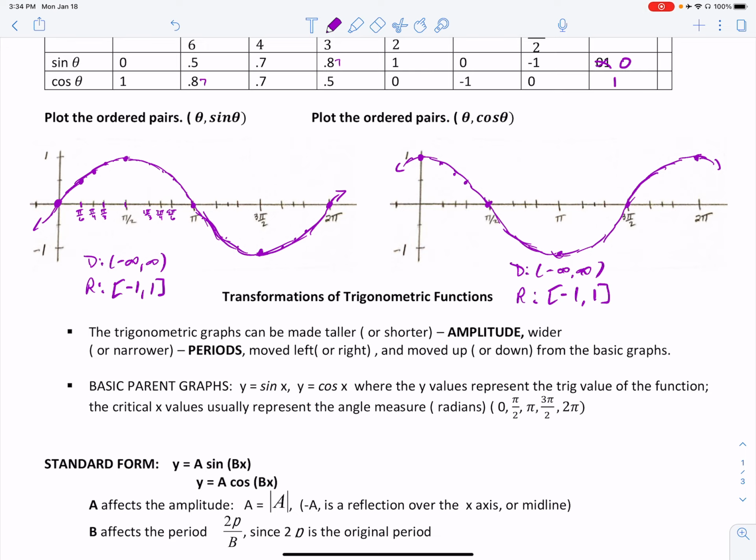And if we shrink this graph in towards the y-axis or stretch it away from the y-axis, we are making it narrower or wider, and that means we're changing what we call the period. The period is going to be 2pi for just the basic graph of sine and cosine.